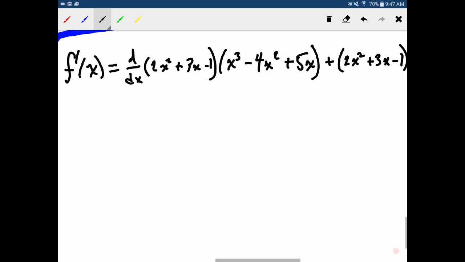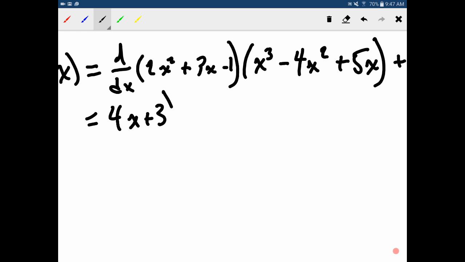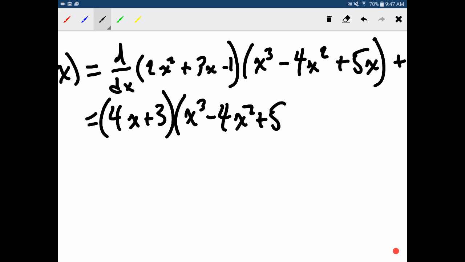So let's go through. And we're going to say, well, the derivative of the first part would be 4x plus 3. And we've got times x cubed minus 4x squared plus 5x.